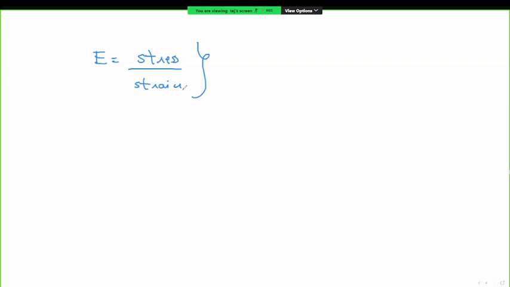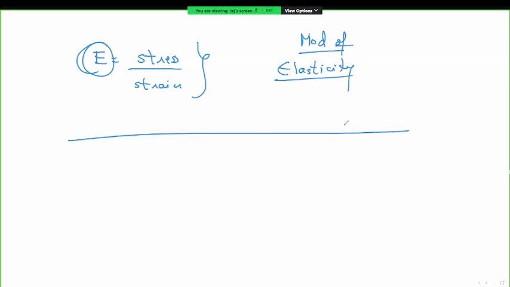Fine. Now, since we learned about stress and strain, what is this E called? It is called elasticity. To be more precise, it is called modulus of elasticity. Is it important? Very, very, very important. Now, in your syllabus, you will have to learn about 3 kinds of modulus.